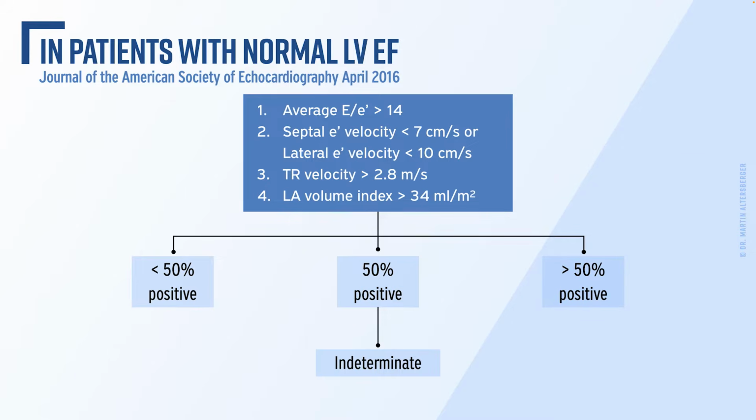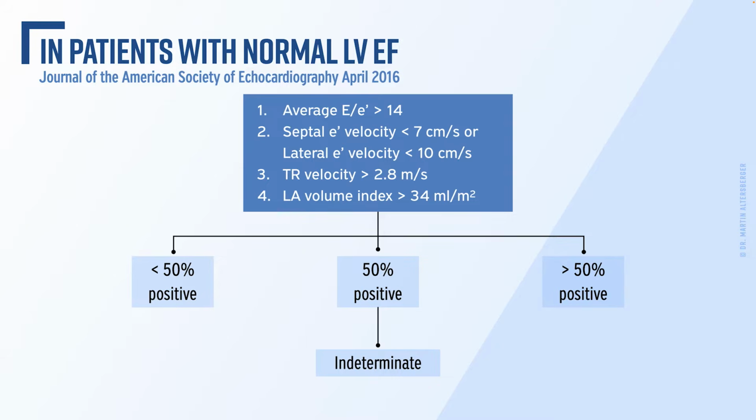And in the middle, when you have the measurement of, for example, average E to E prime above 14, the lateral E prime velocity below 10, TR velocity of 2.6 meters per second, and the normal left atrial volumetric index, you have an indeterminate situation.